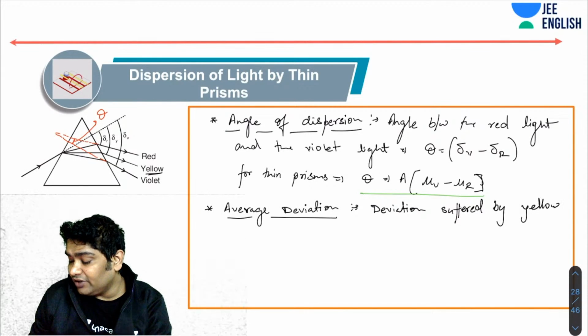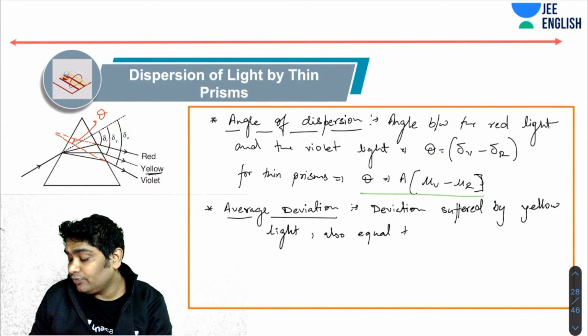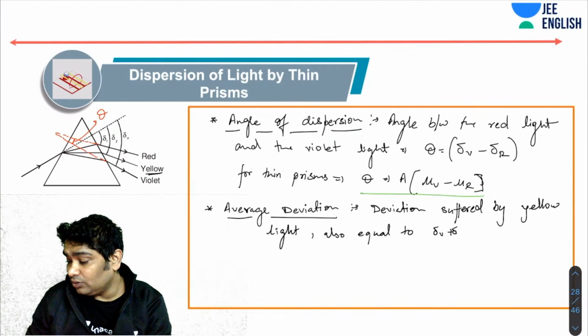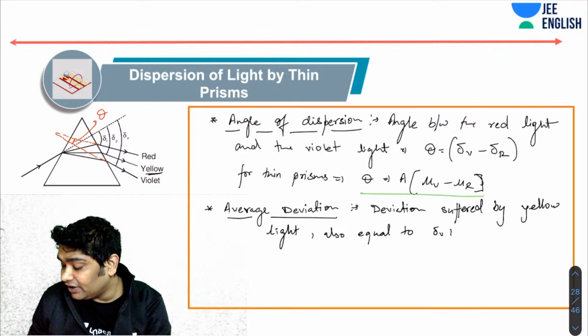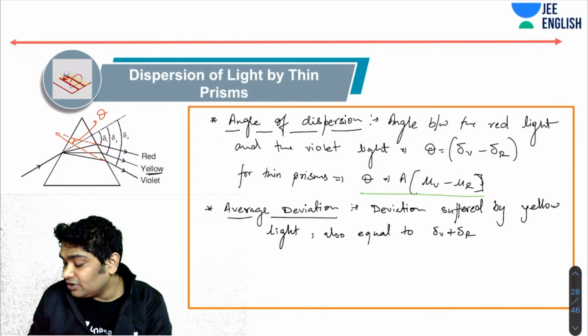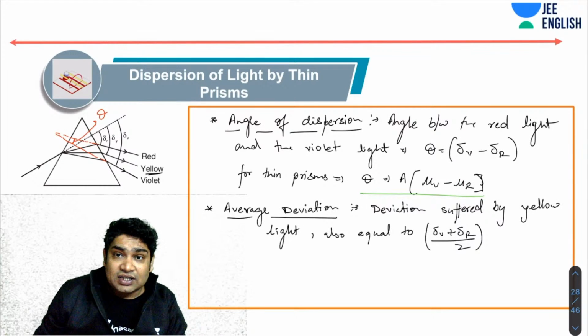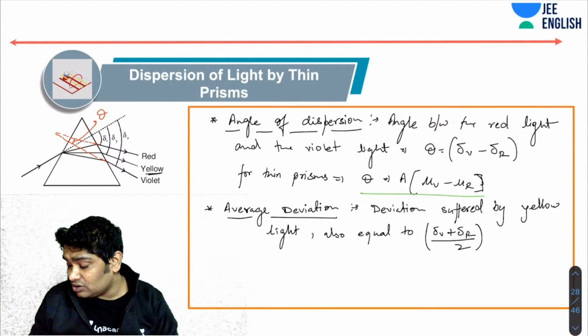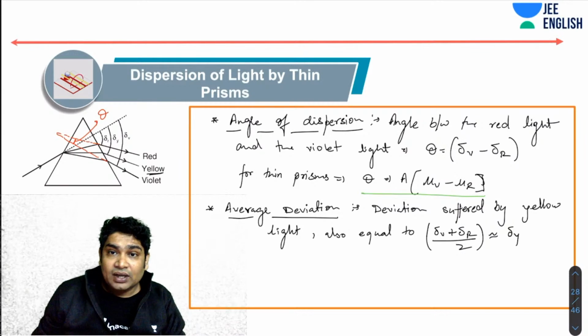That is called average deviation, also equal to (delta violet plus delta R) by 2. So you can have two ways of defining this. The average deviation is the average of the deviation suffered by the two extremes, which is roughly considered equal to the deviation suffered by the yellow light.